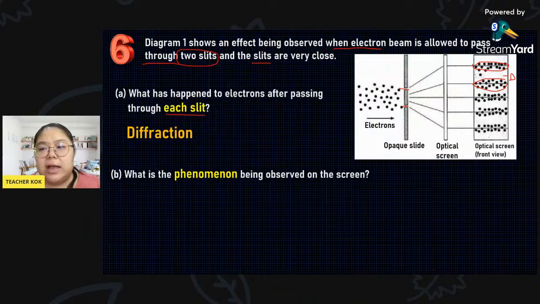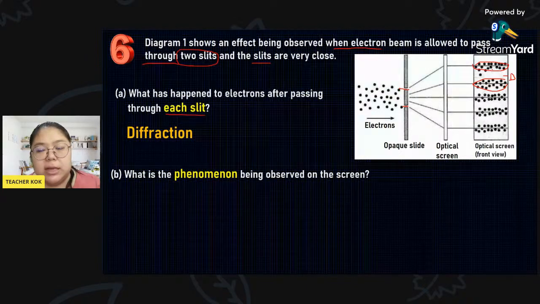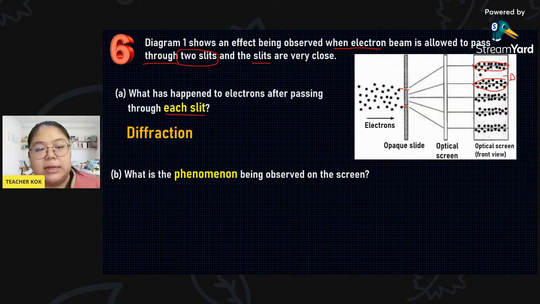You see the dark, the bright, the dark, the bright. That means every fringe, when arranged, has a uniform distance. What phenomenon is this? Remember the fringes from the light we learned before: they are also bright, dark, bright, dark. What phenomenon is this?